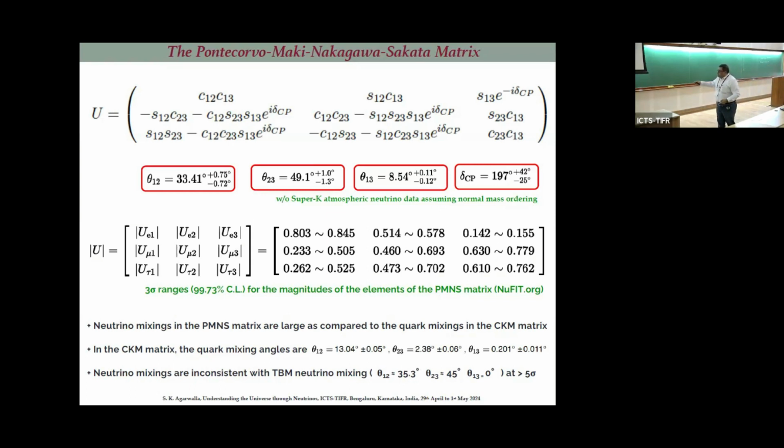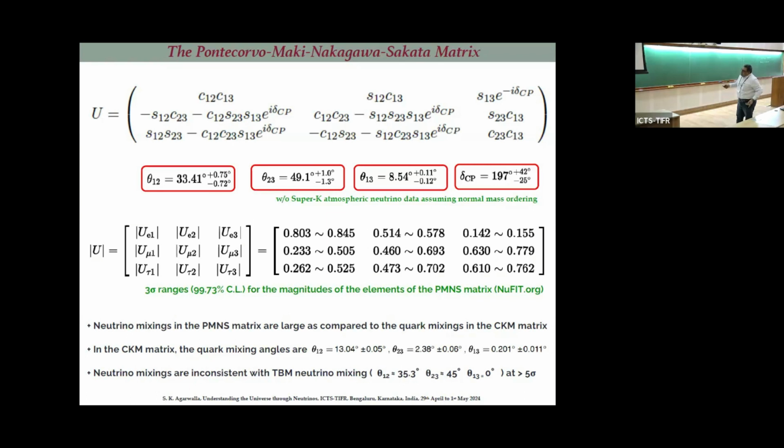Just by using Super-K data in my fit, this value flips from the higher octant to the lower octant. I'm just giving an idea. And this CP phase, which is around 200 degrees, will move towards 230 degrees or so. So you see how important the Super-K data is, whether you consider it or not, and whether you consider it in the right way or not. Correct?